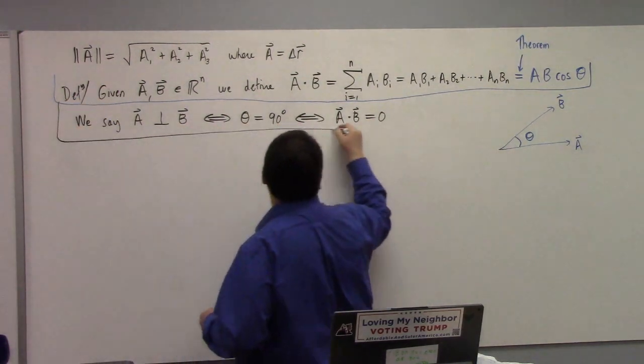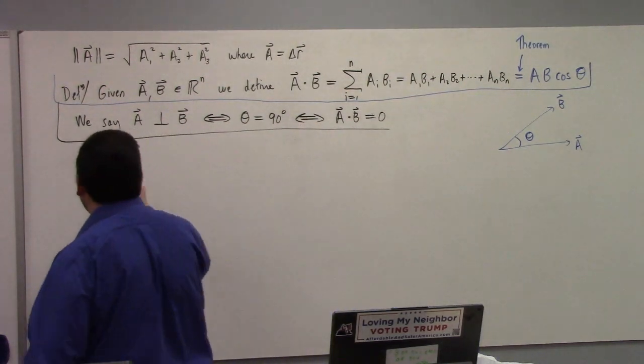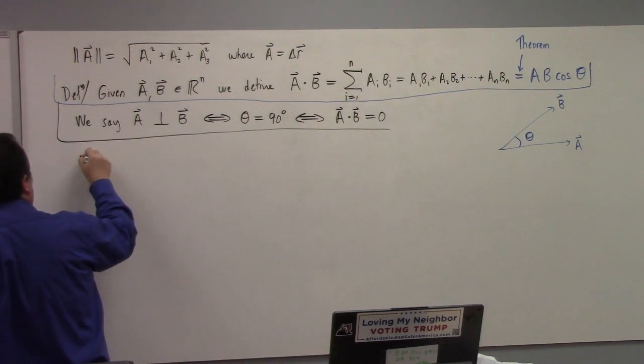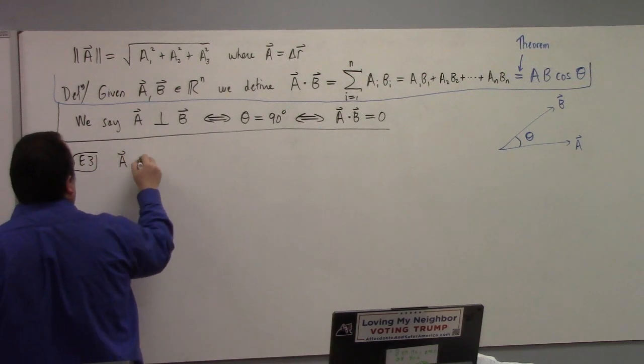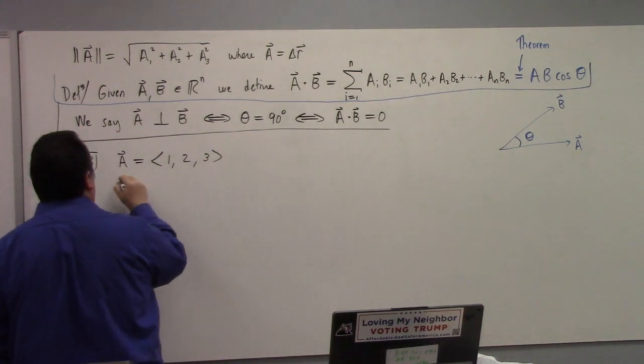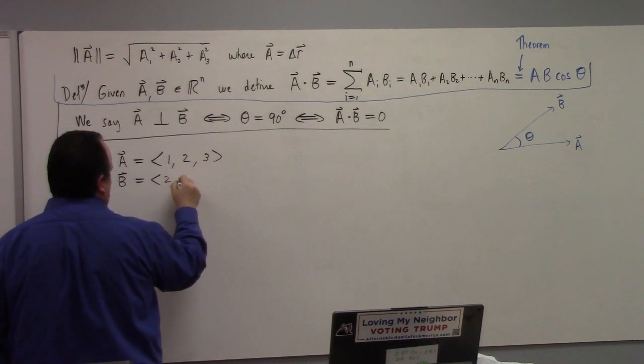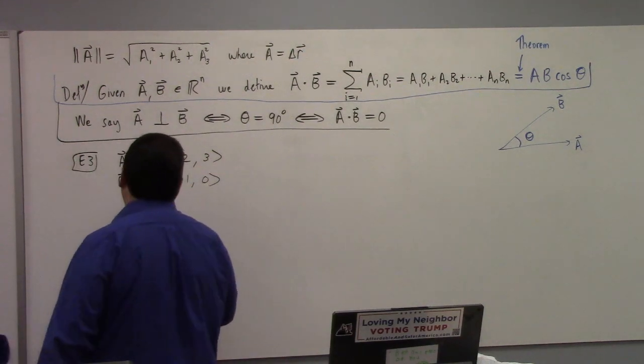Let me give you some examples of all this. Example 3: if we had A equals 1, 2, 3, and B equals 2, minus 1, 0.